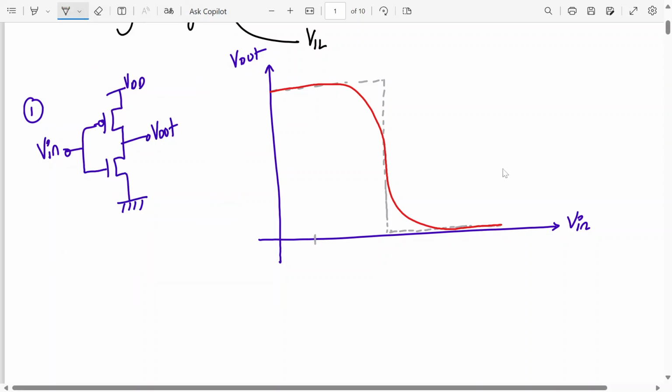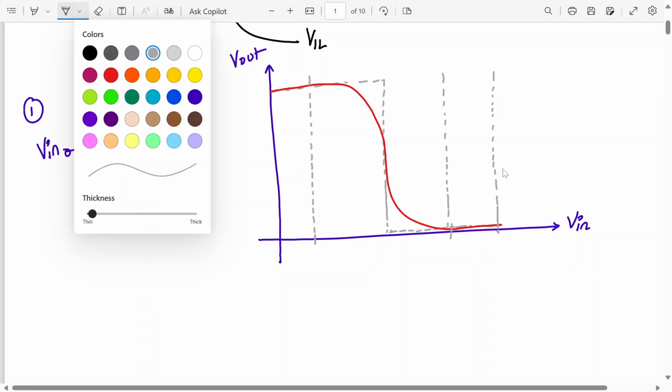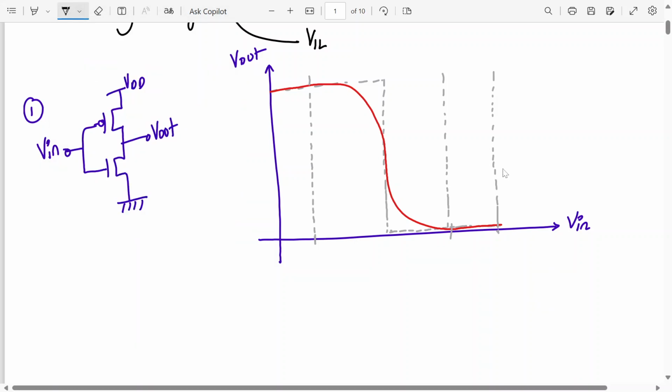First is this point, then we have this point: region A, region E, and region C we have defined. So this was Vin less than VTP, so my NMOS is cut off.